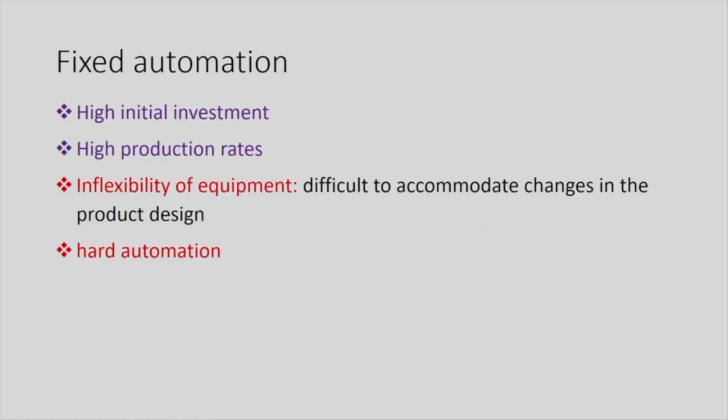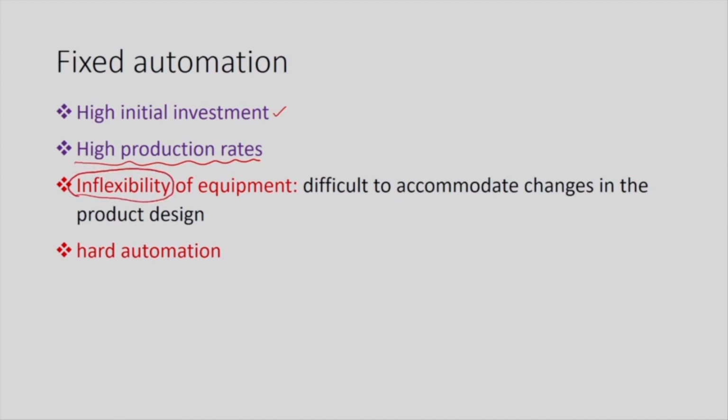Of course, to have such a system, that customer has to invest quite heavily. So the initial investment in incorporating fixed automation is quite high. That high initial investment will definitely be paid back, so the customer may have high production rates. But the limitation of this system is that in fixed automation, there is rigidity.